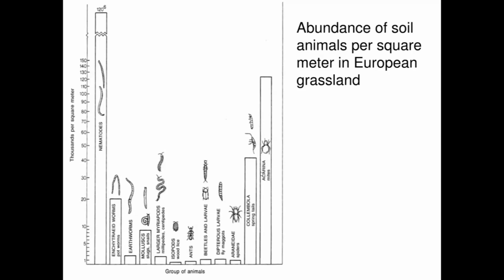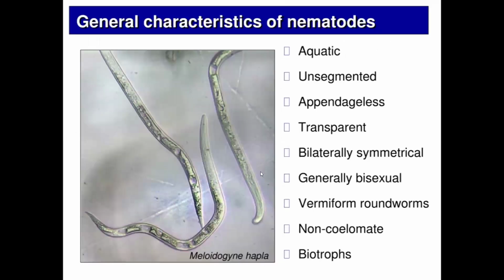If you take a square meter of soil, the most abundant metazoa to come up would be the nematodes, because for every square meter of soil sample, you are likely to have over 120 million nematodes. That is really huge. So this is just for you to appreciate the fact that though nematodes are microscopic, they are almost everywhere.